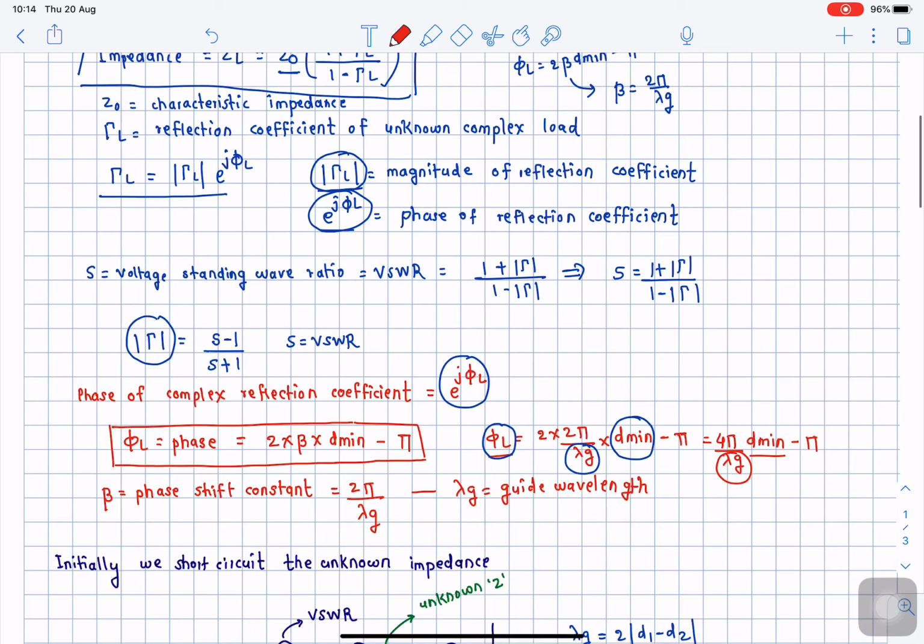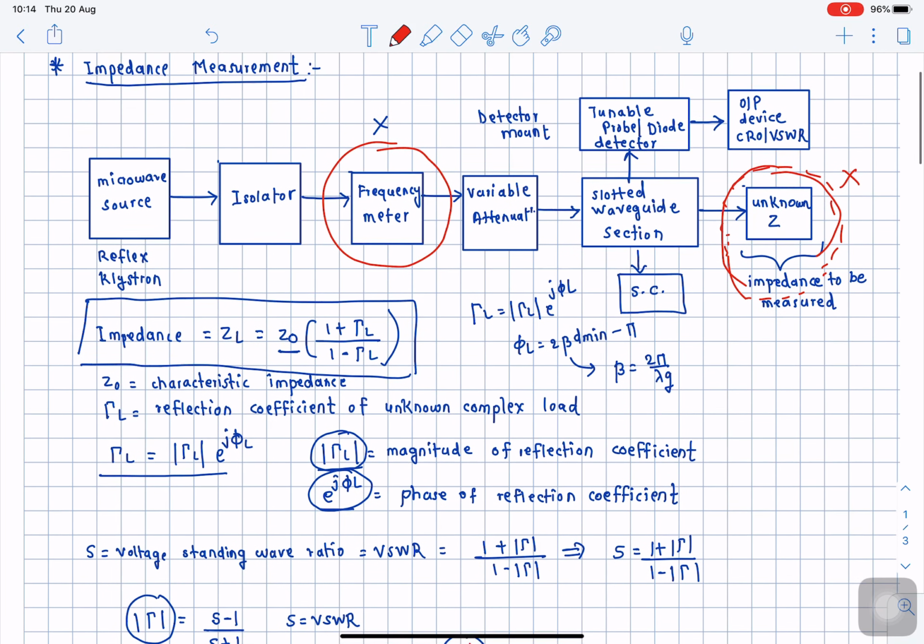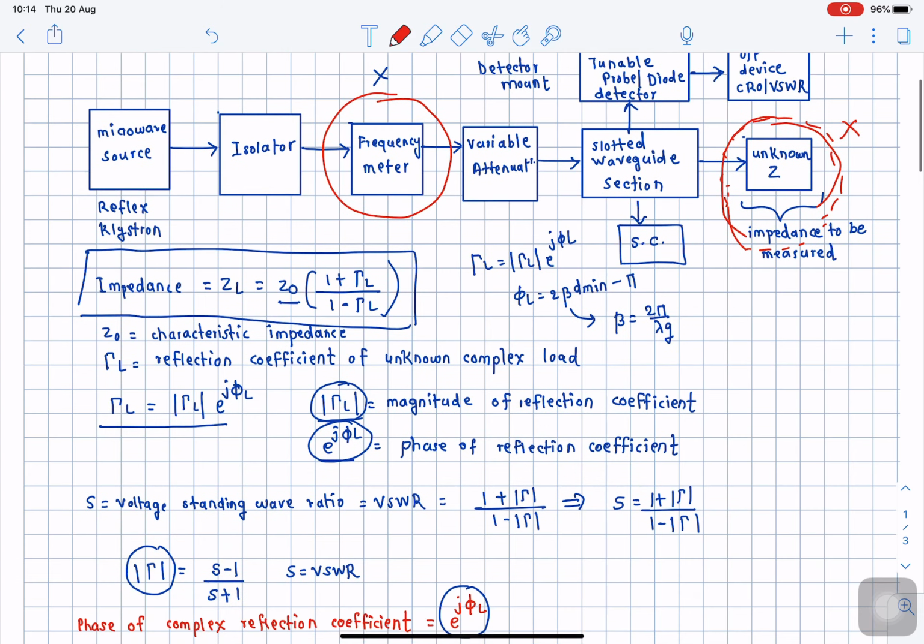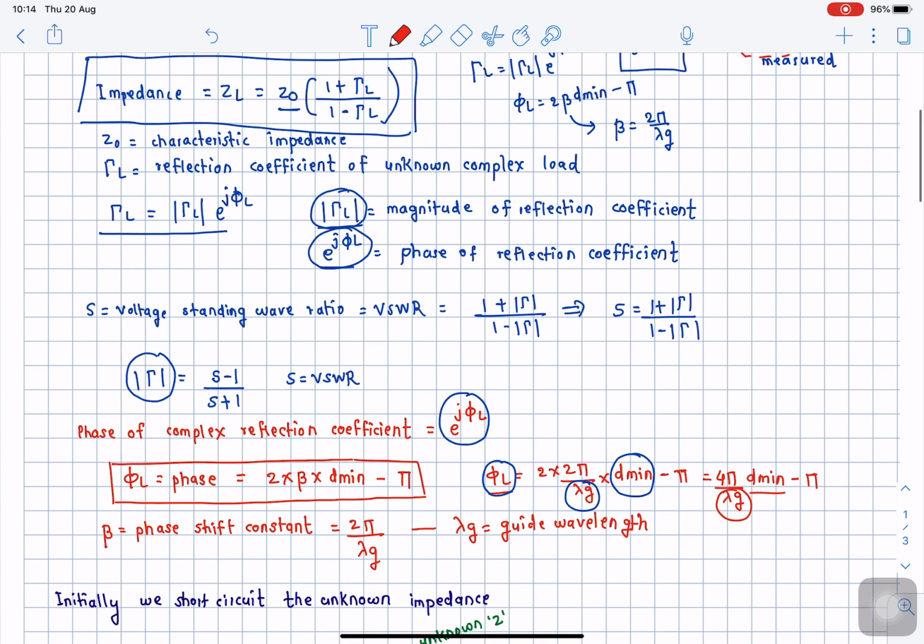So with this lecture we have completed the measurement procedures of three different parameters: VSWR, unknown complex load impedance, and unknown microwave frequency. We have developed a theoretical procedure to measure all three.